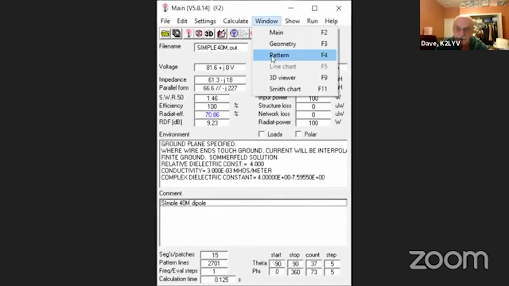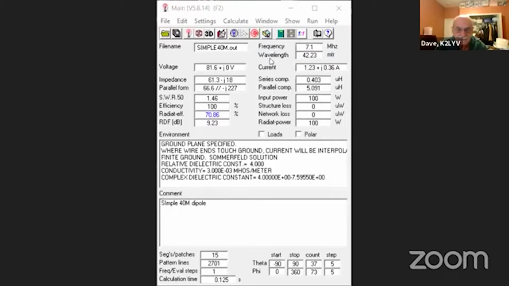And you see now a lot more energy is coming out, going in the direction you want, and it's also going at a low angle, which is good for propagation. So that's a simple kind of thing.